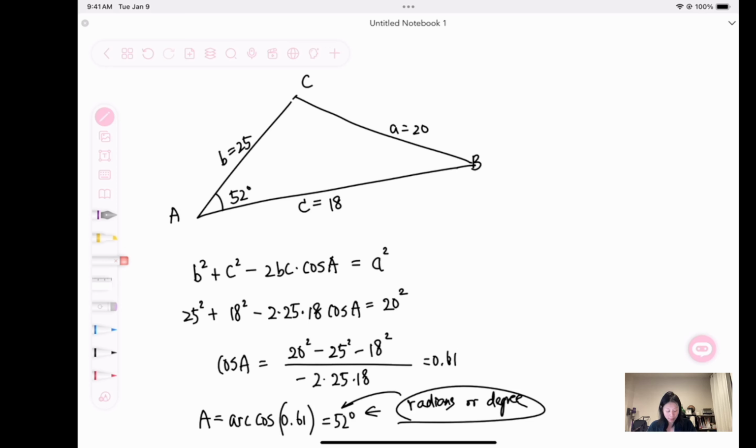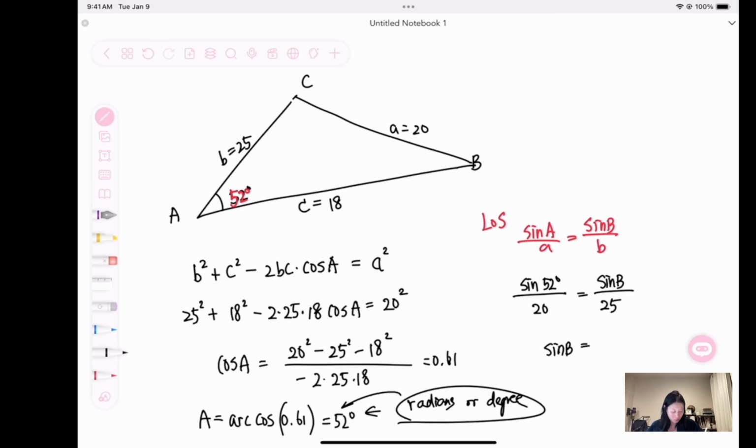Now, we already solved for A, which is 15 degrees. I'm going to write it in here. So the others, we need to solve for B and C. We can just go ahead and use the law of sines. Law of sines says that sine A over A equals sine B over B. So sine 15 degrees over A, which is 20, equals sine B, which we don't know, over B, which is 25.